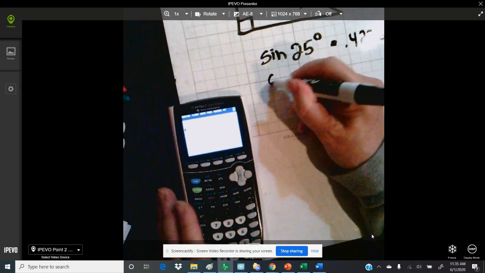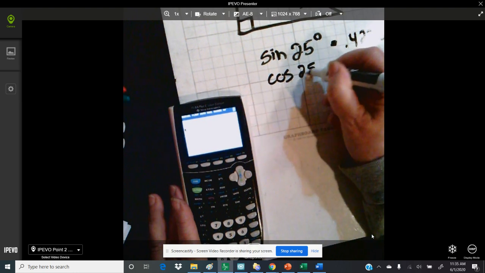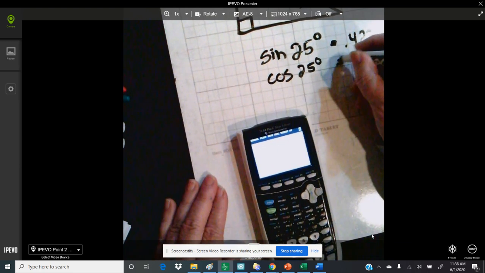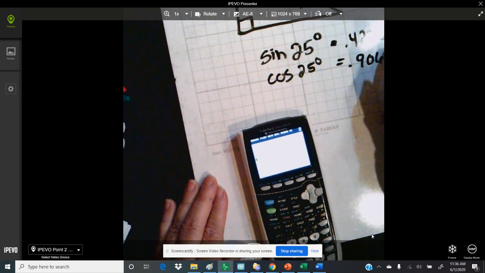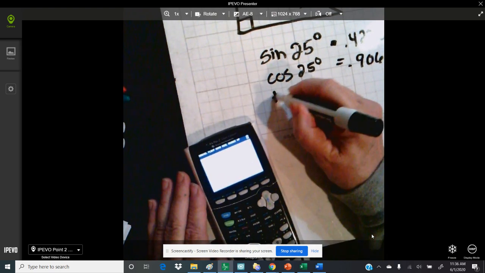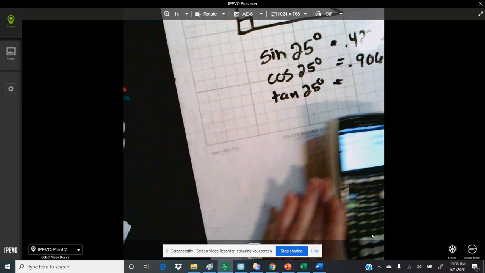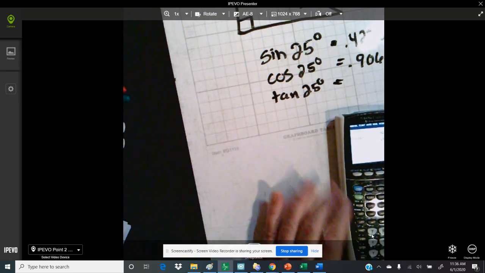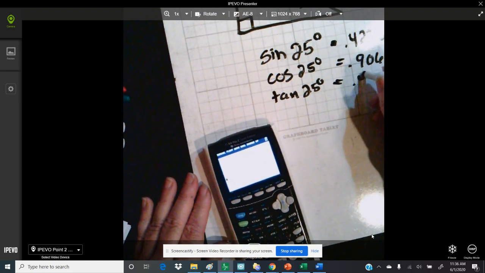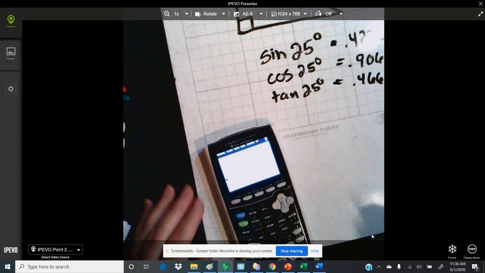If you wanted to know what the cosine of 25 is, you use the cosine button, cosine 25, and you get 0.9063. And if you wanted to know what the tangent of 25 degrees is, you would just hit tangent 25, and you'd get 0.4663.